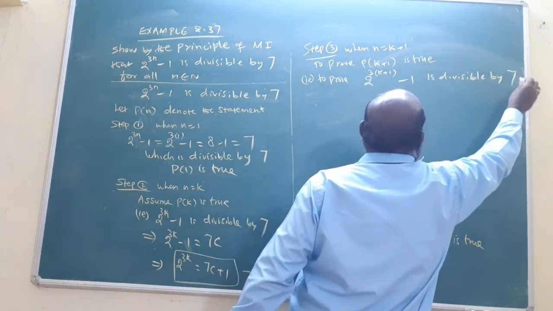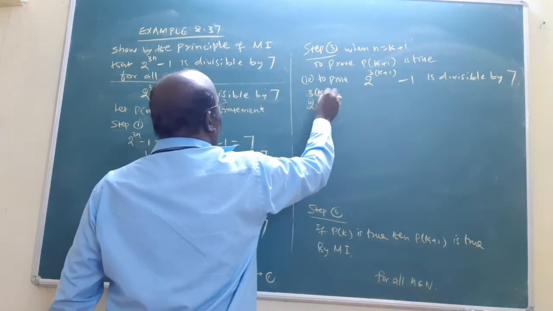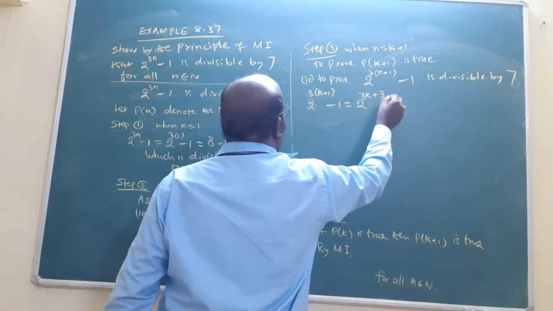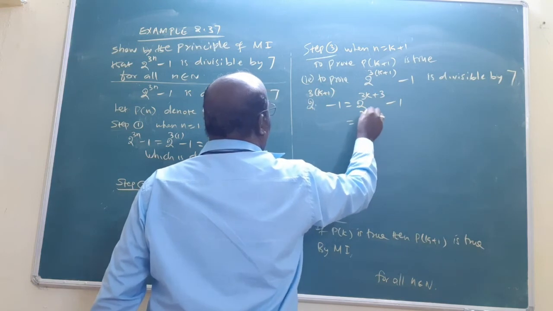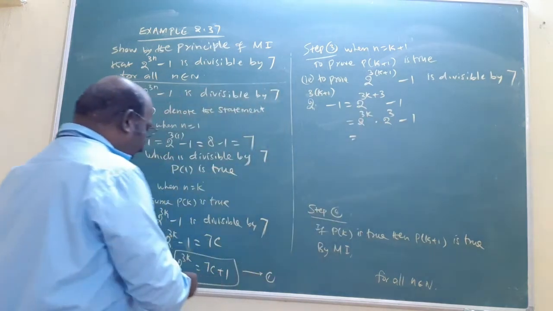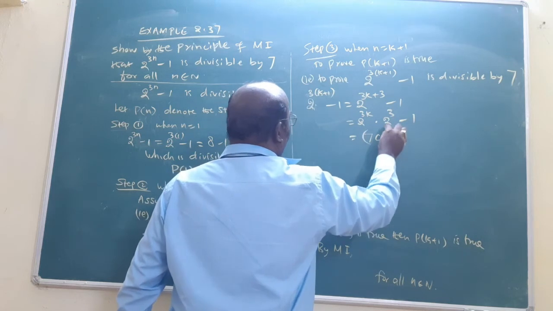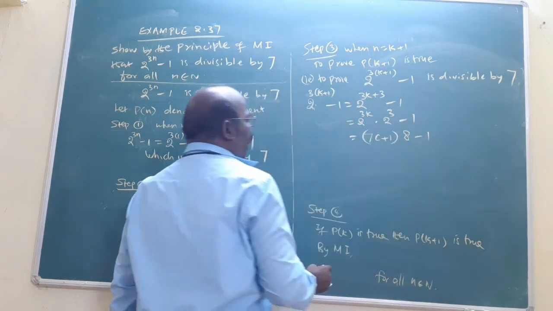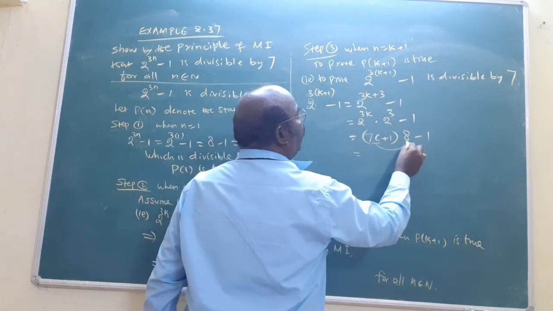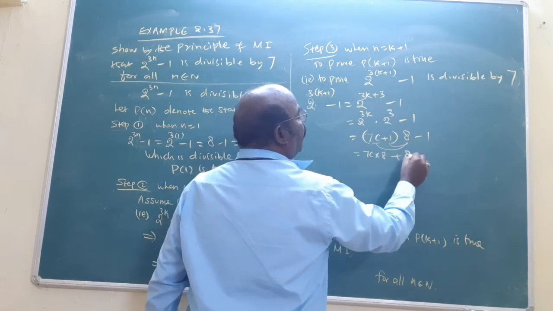Now start with this one. 2 power 3 into k plus 1 minus 1 equal to 2 power 3k plus 3 minus 1. This becomes 2 power 3k into 2 power 3 minus 1. 2 power 3k we already found is 7c plus 1, and 2 power 3 is 8. Minus 1, already told you, subtraction is not possible, that's why multiply 7c into 8. 7c into 8, 1 into 8, 8, minus 1.